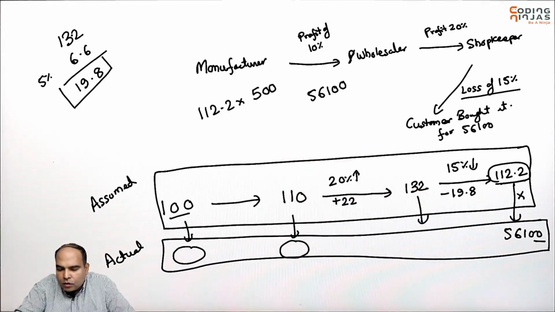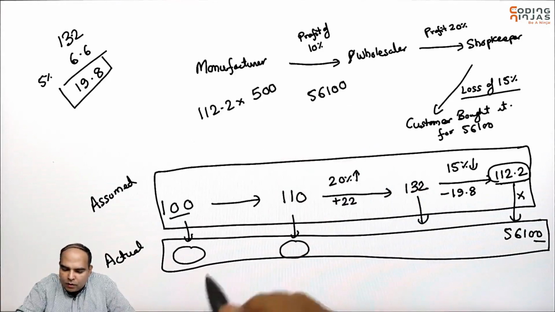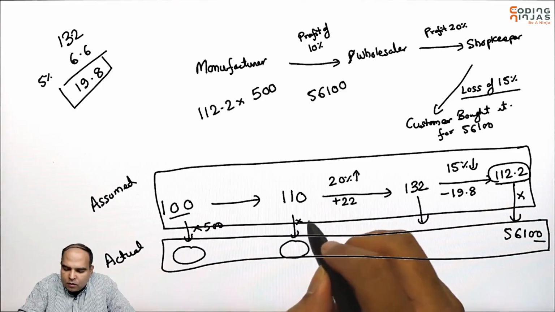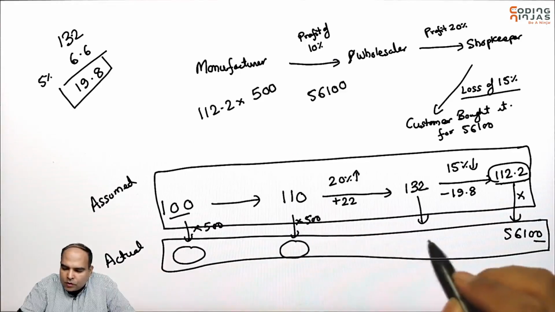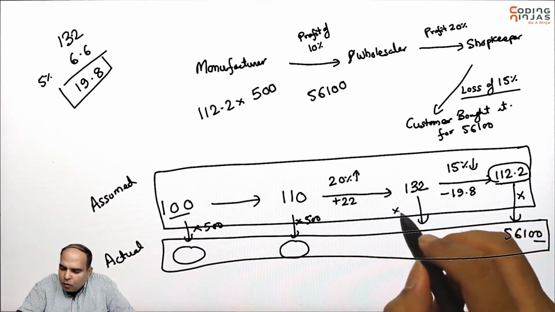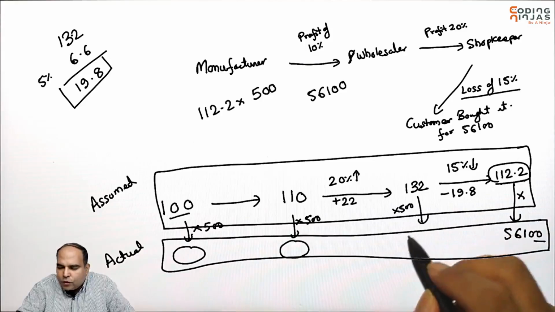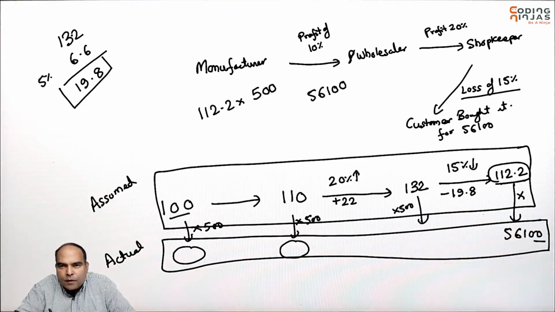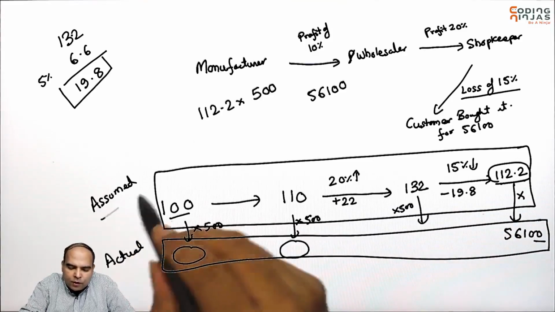So what is the cost to the manufacturer? What is the price at which the manufacturer sold to the wholesaler, the price at which the wholesaler bought it? No matter where the question goes from here, all these numbers you now know because you know the multiplier of 500 and the assumed value.